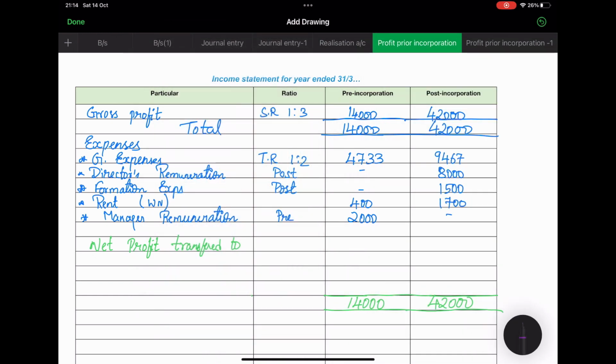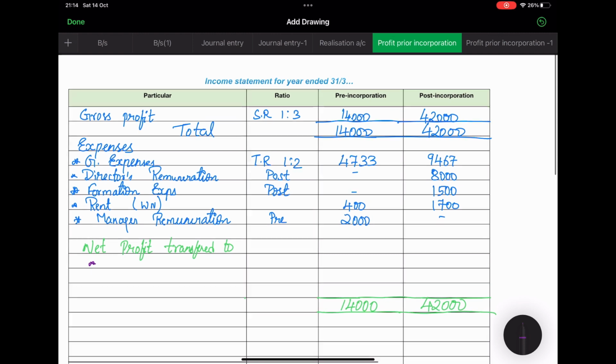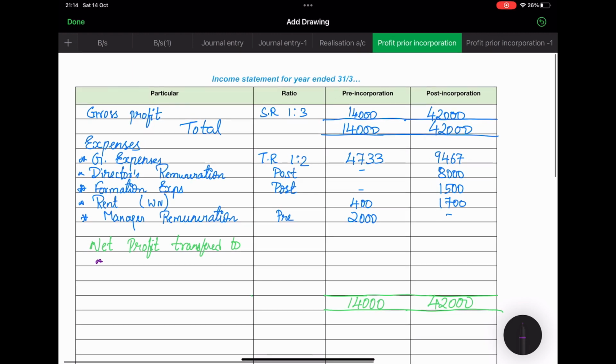So first pre-incorporation profit will be transferred to capital reserve. So 14,000 minus 4,733 minus 2,400, we'll be getting 6,867 as the profit value. Okay, so let's see.